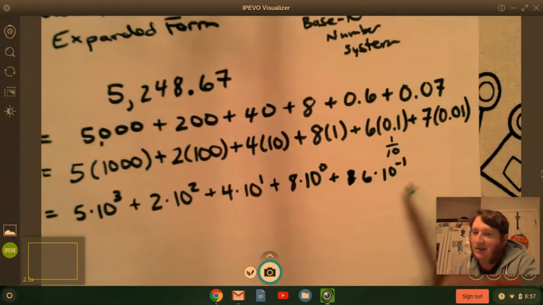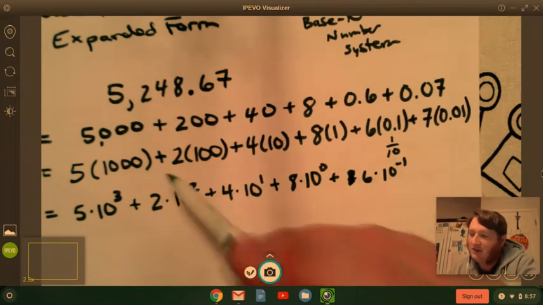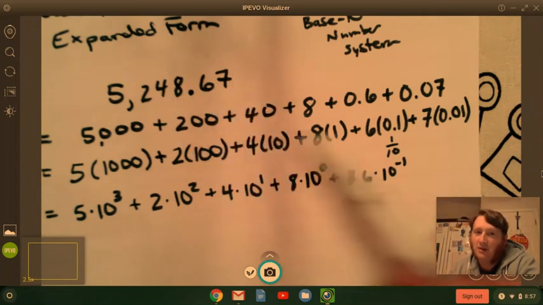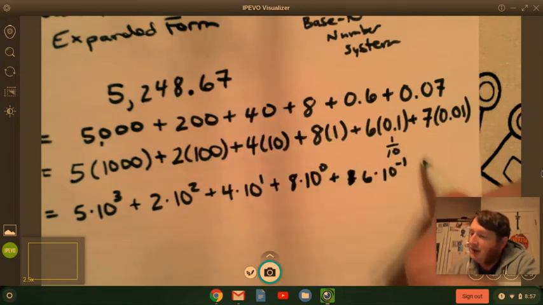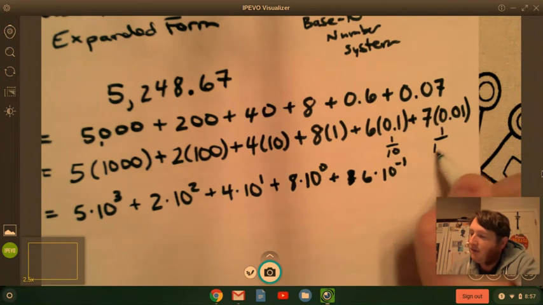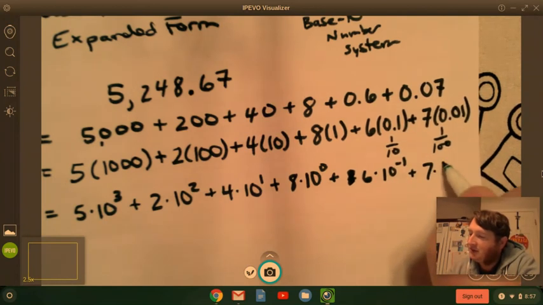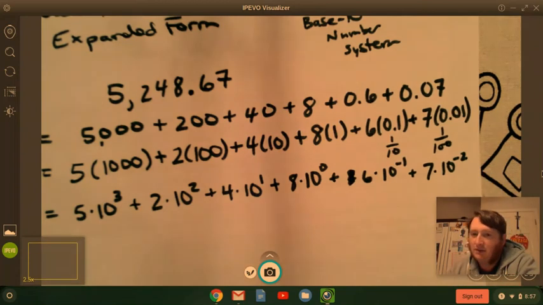You never necessarily saw this because you probably didn't see negative powers until high school. And by high school, you're not necessarily thinking about breaking this number apart into all of its pieces. And then the 7/100ths would be plus 7 times 10 to the negative second power.